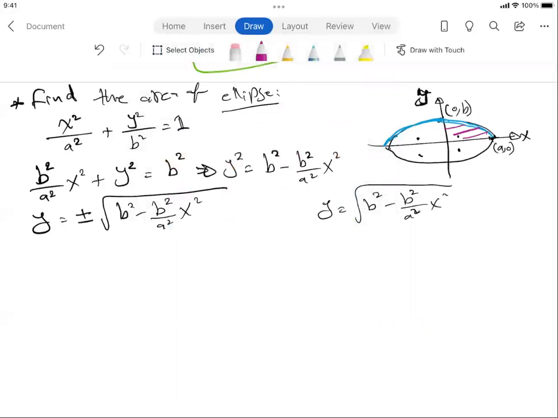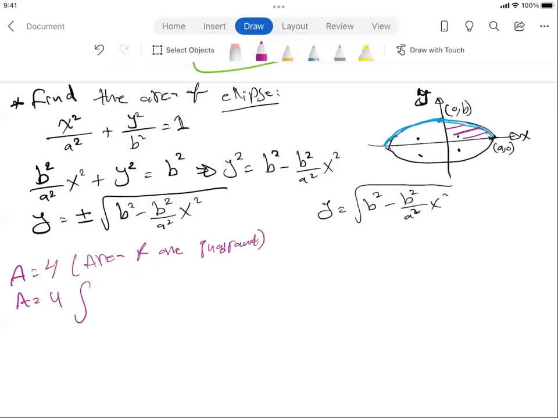So let's do that. Let's set up my integral. So area would be 4 times the area of 1 quadrant. Then area would be 4 times the integral.